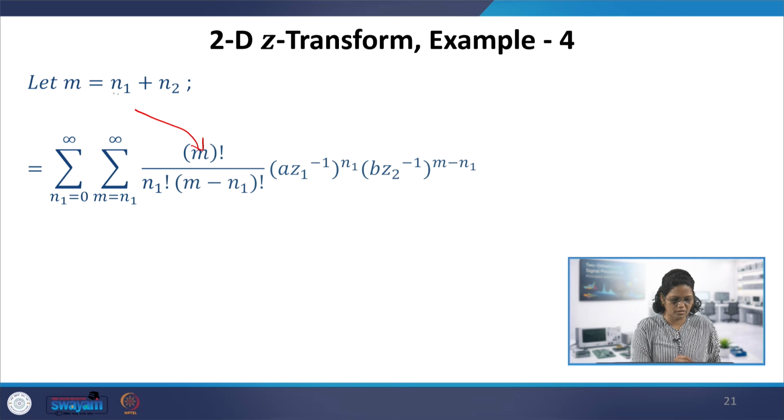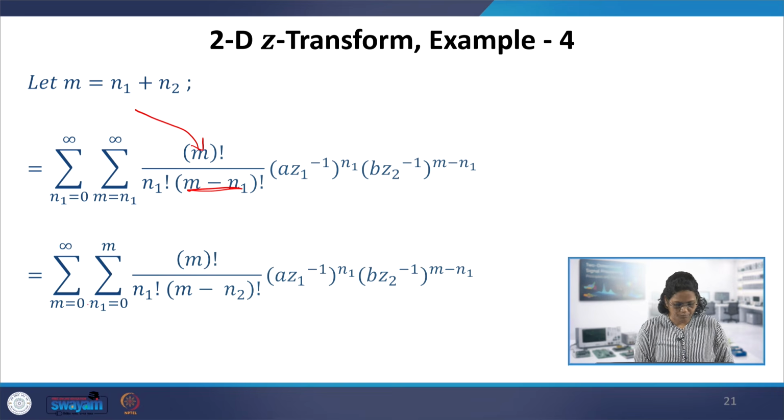If we take m, then n2 equals m minus n1, so that is what we have put here, m minus n1. To get the closed form solution, n1 is varying from 0 to infinity, and n2 is varying from 0 to infinity, which is n2 equal to m minus n1. So applying the limits here, m is varying from n1 to infinity.